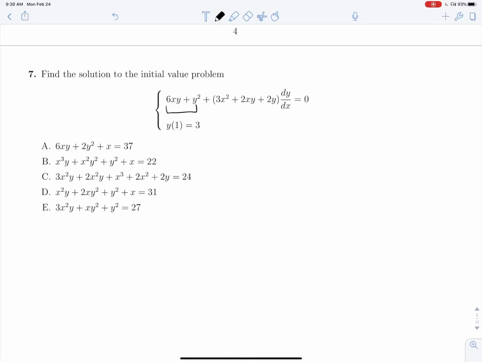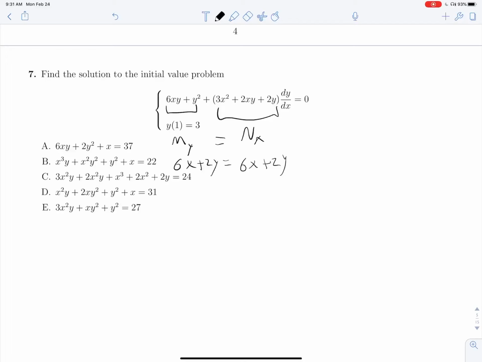So if we take this term here and call that m, and we take this term and call it n, if my is equal to nx, then both of these functions are partial derivatives of the same overall function. So my is going to give us 6x plus 2y, and nx is going to give us 6x plus 2y. Would you look at that? So this is an exact equation.